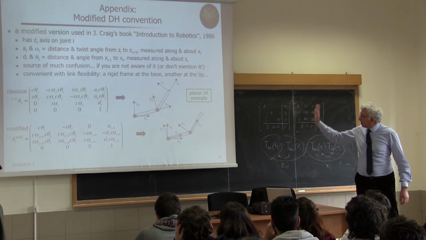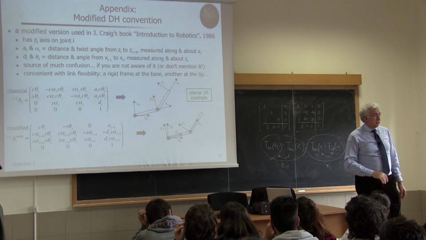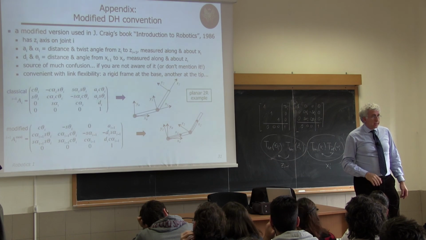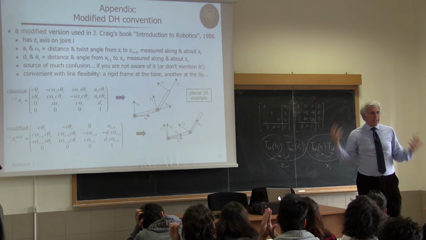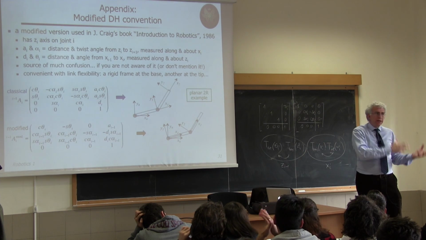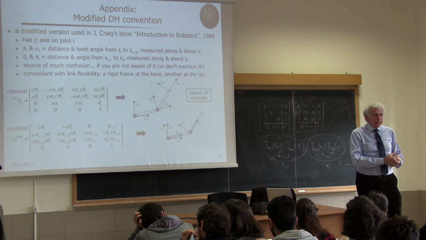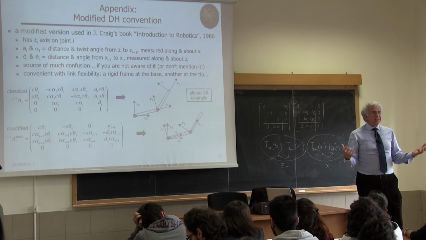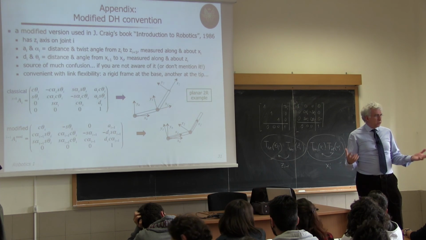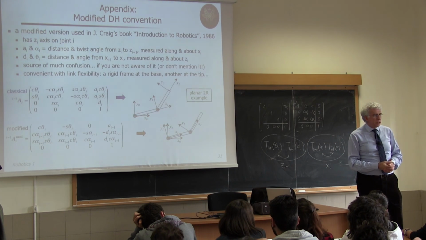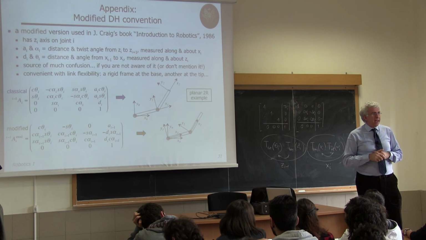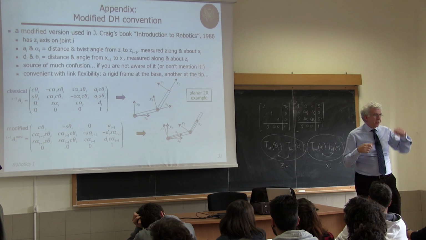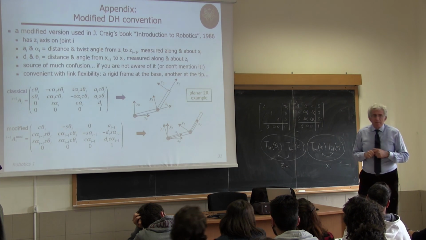But we will always use the classical Denavit-Hartenberg convention. It's like having a standard. The standard may not be the best one. In some situations there could be something better, but since 95% of the people are using this, you use that so that you don't live isolated on an island and do your own work by yourself.